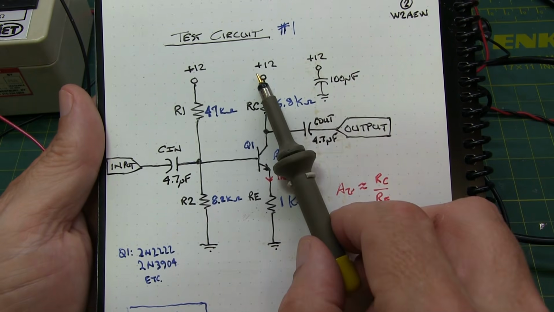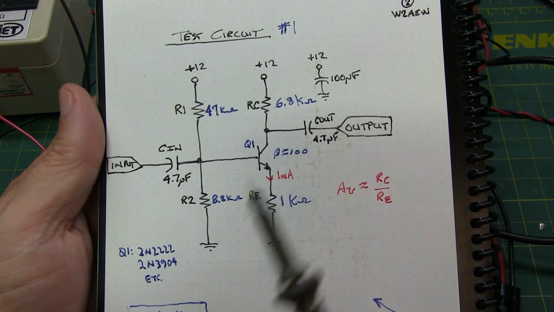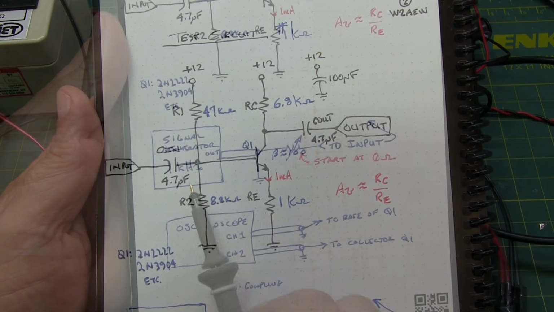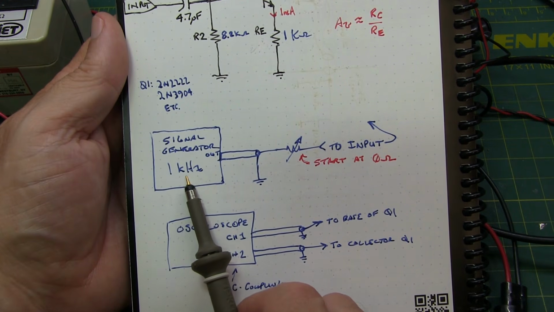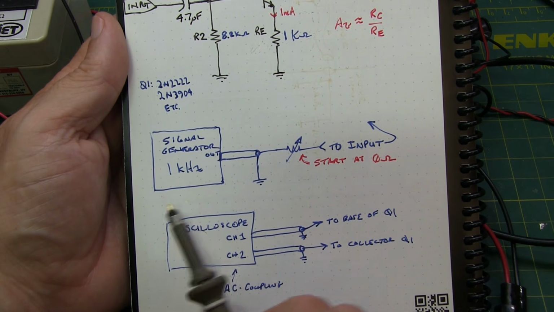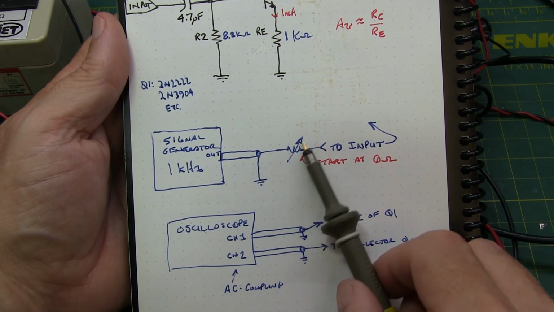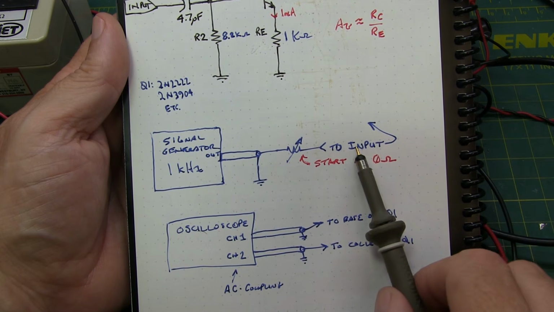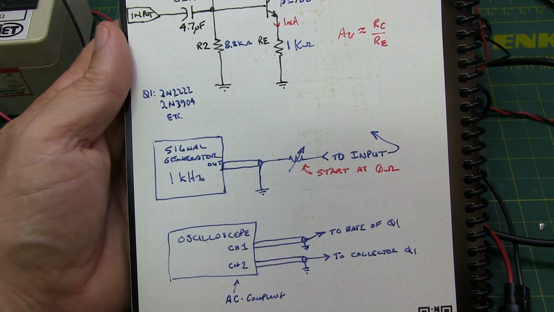We're using a 12 volt supply, a bypass capacitor on the supply, and capacitors to couple the input and output. We've got a simple signal generator generating a 1 kilohertz signal at several hundred millivolts. I've got that going through a resistor substitution box, but we're going to start with that set to 0, so effectively we're just connecting this directly to the input.